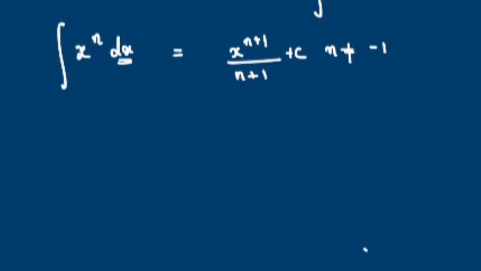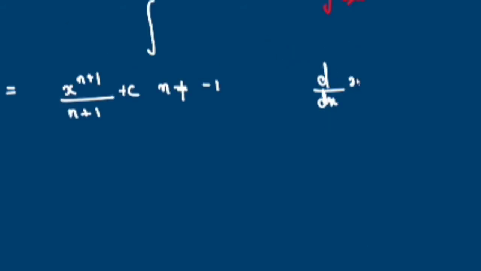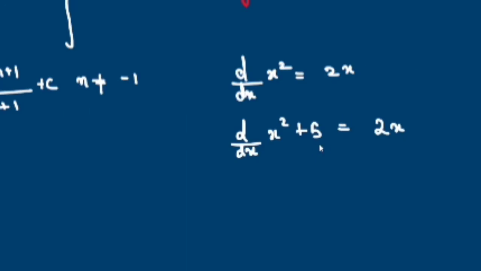See, for example, differentiation of x square is 2x. Now differentiation of x square plus 5 is also equal to 2x, because the constant becomes 0. Differentiation of a constant is 0. Now differentiation of x square plus 10 is also equal to 2x.